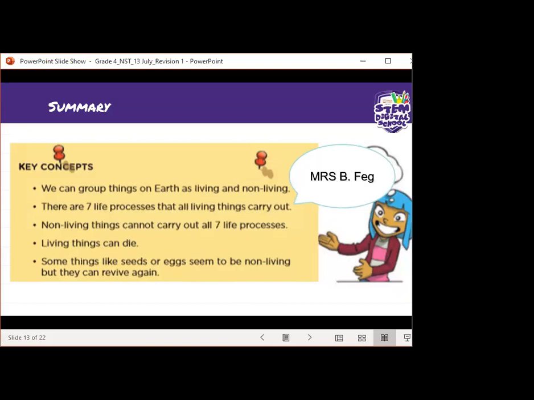The M is for movement, the R is for reproduction, the S is for sensing, the F is for feeding, the E is for excretion, the G is for growth, and the B is for breathing.